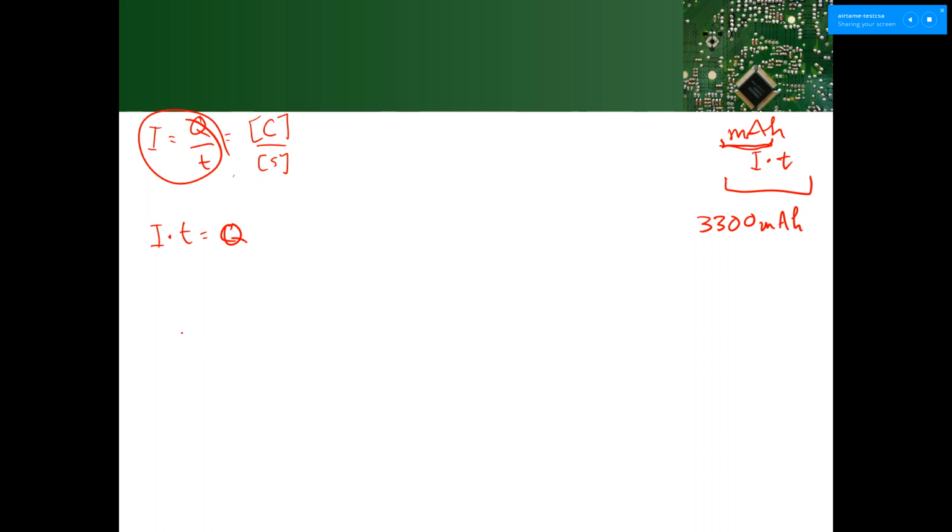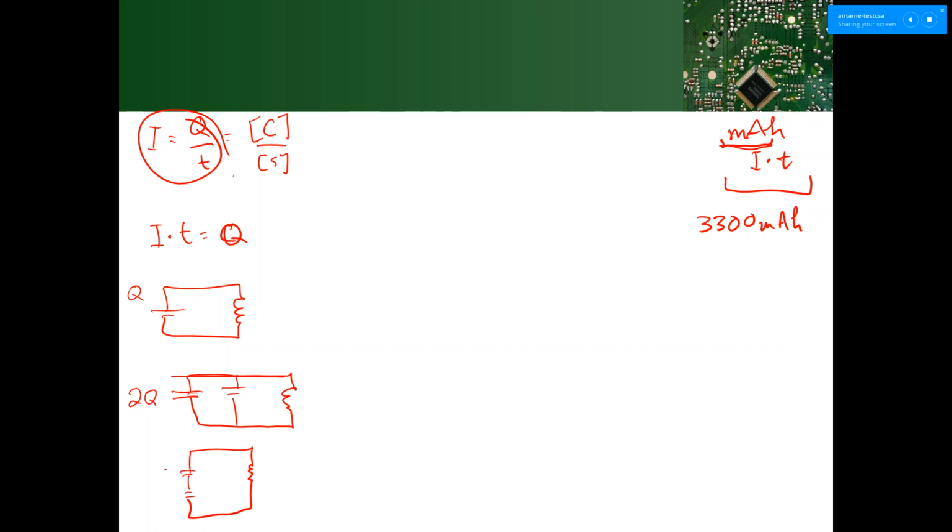So we said that if I had a battery in series, and this is Q, and I compared that to parallel, which has 2Q, or two batteries, a charge of 2Q, right?